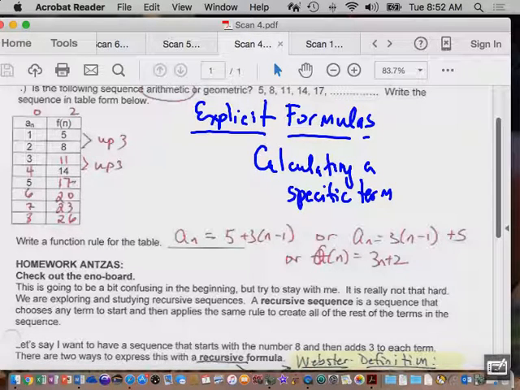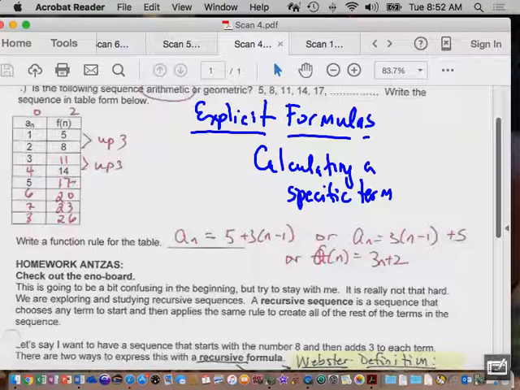If you remember yesterday, we did something like find a sub 50, or find the 100th term, or find the 35th term. Explicit formulas are great for that. That's what they excel at, okay?